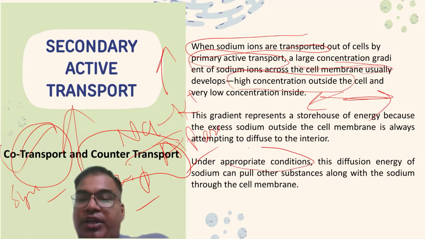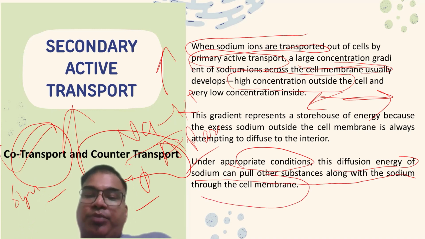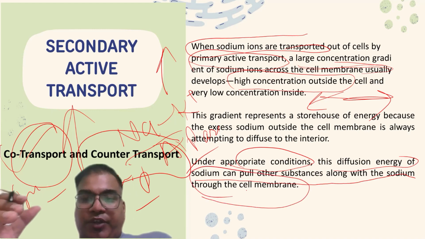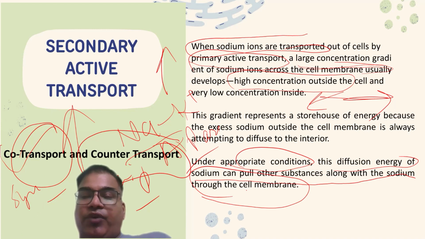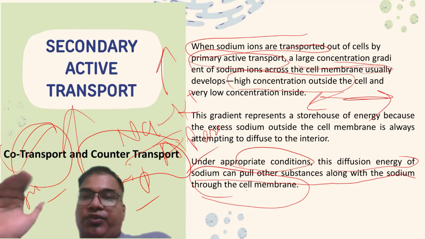So under appropriate conditions, the diffusion energy of sodium can pull other substances along with the sodium through the membrane. By the help of primary active transport, sodium was moved out of the cell, a concentration gradient was generated, and due to this concentration gradient, sodium will always have a tendency to move inside the cell.